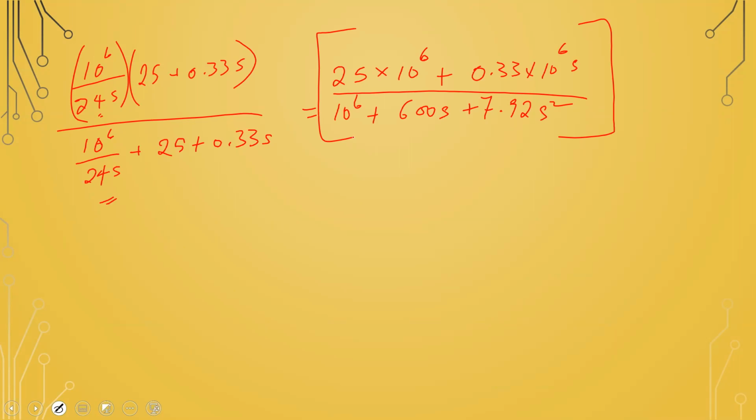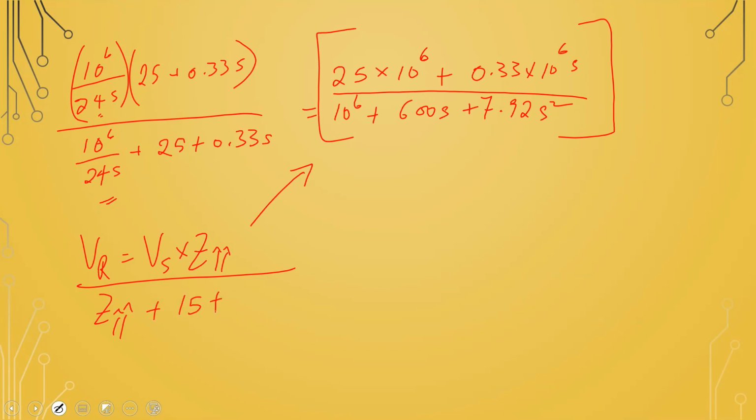So VR is equal to VS times the parallel section, which of course would be that, over Z parallel plus 15 plus 0.2632S. All right. So simplify this.